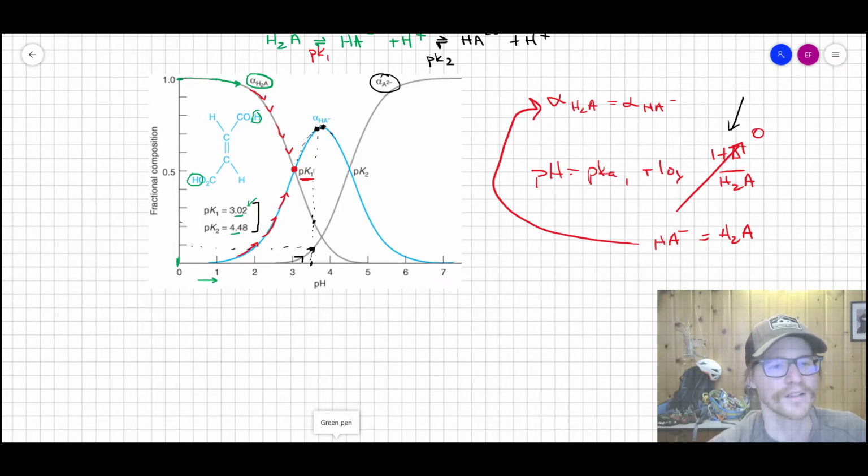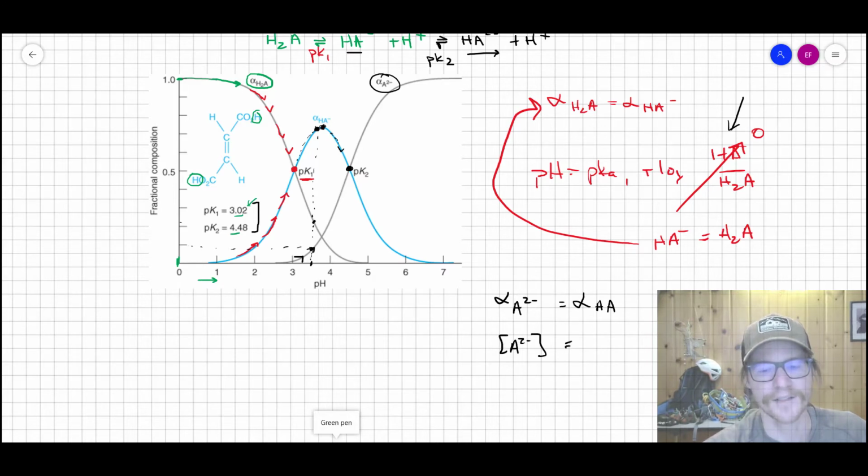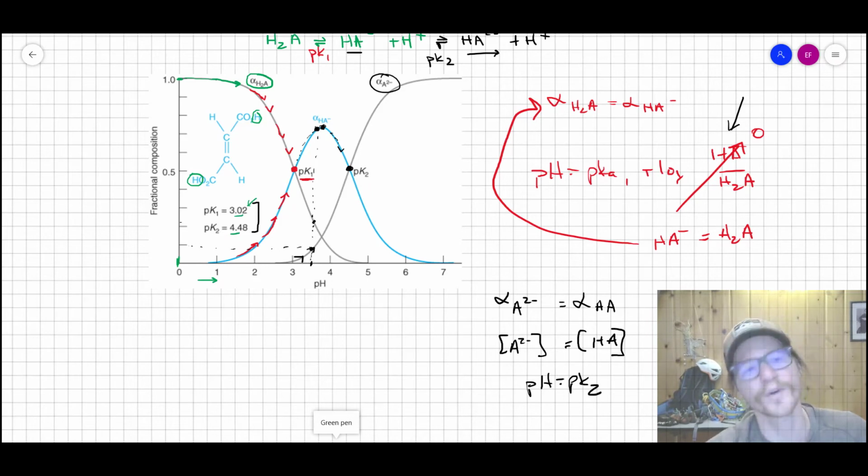And then we start to descend again as we push this equilibrium further away. So we lose HA minus, we start to increase the amount of A2 minus until again we intersect at the second pKa, and that's where alpha A2 minus is equal to alpha HA minus, which also means that the concentration of A2 minus is equal to the concentration of HA minus, which is, of course, when the pH is equal to pKa2. So this is a super helpful diagram.